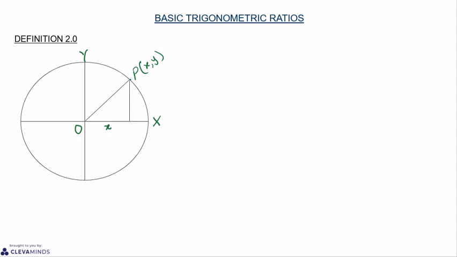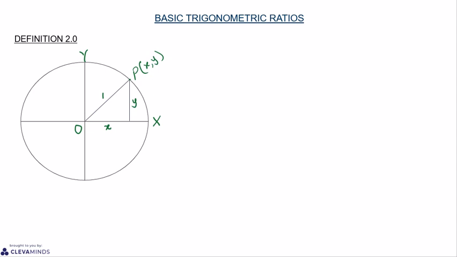And the vertical distance between point P and the line OX, the positive x-axis, is y, right? Good. And let's say this line OP is a unit, 1, right?